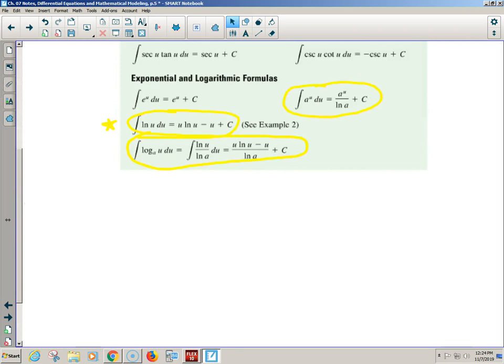A guy that some of us never did really get down. And 2 brand new ones that we're not exactly sure how they work yet. Don't worry. In section 7.3, I'll show you why this is true. For right now, it's a thing. Sorry. It is what it is.